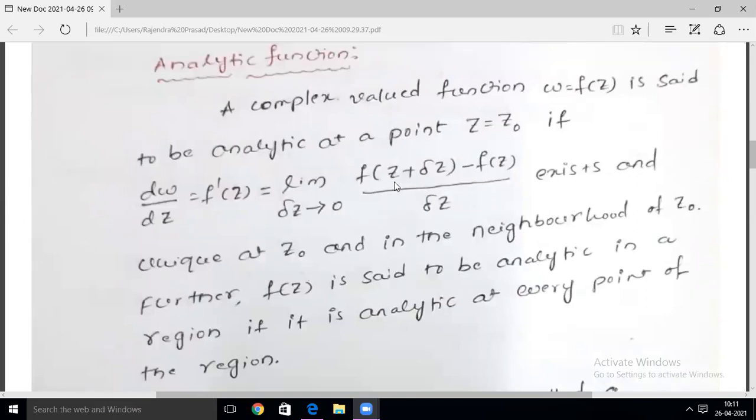So this is the definition of analytic function. Keep in mind, dw upon dz or f dash of z is equal to limit delta z tends to 0, f of z plus delta z minus f of z upon delta z.